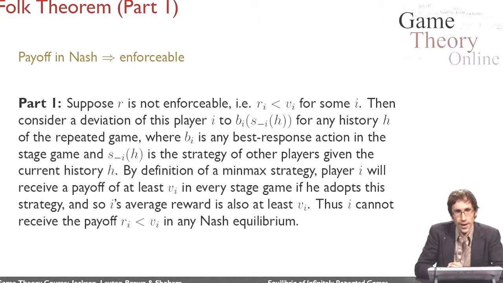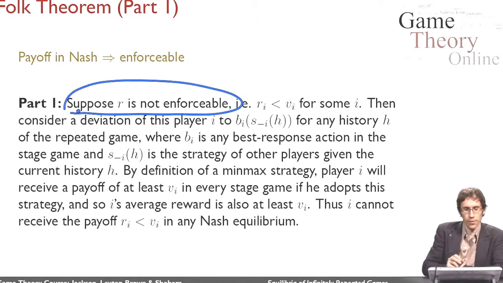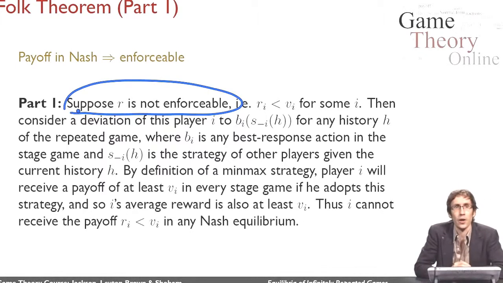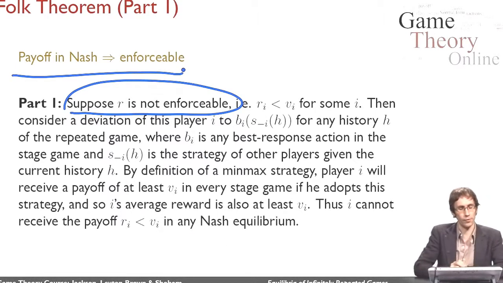And so that leads us to derive a contradiction from our assumption that we made at the beginning that r was not enforceable. So you can see we can conclude that if r is not enforceable, we can't have a Nash equilibrium. And that then proves what we wanted to prove, that being in a Nash equilibrium implies enforceability.